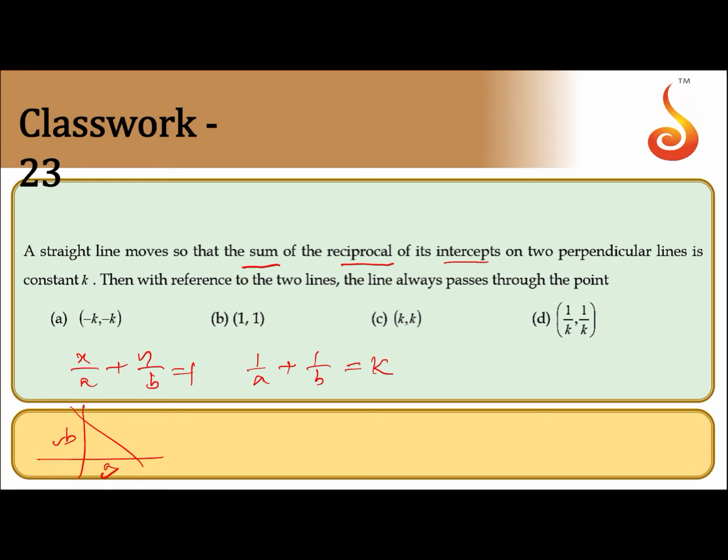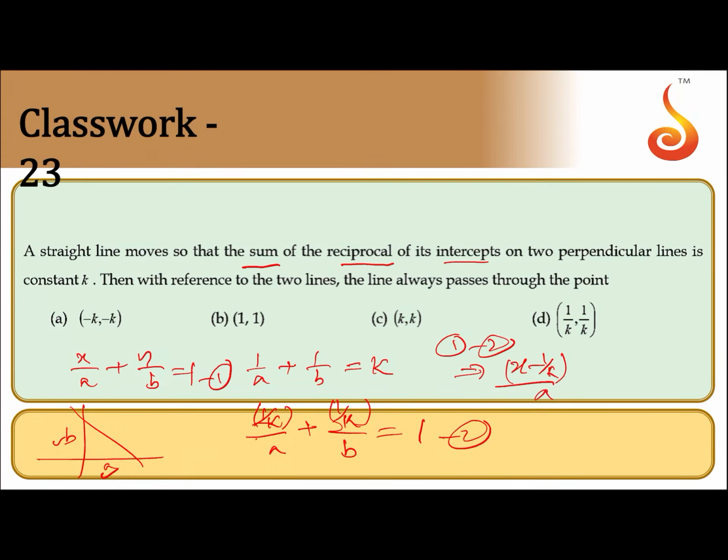Now I do it like this. Dividing by k, I can say it is 1 by k. So (1 by k) divided by a plus (1 by k) divided by b equals 1. Now this is an equation, so subtract them. Subtracting gives us x minus 1 by k, divided by a, plus y minus 1 by k, divided by b, equals 0.